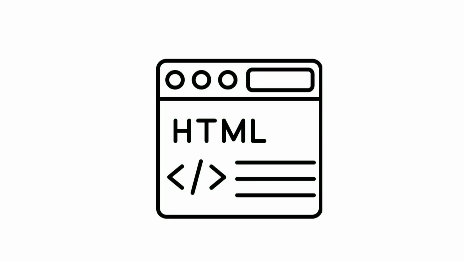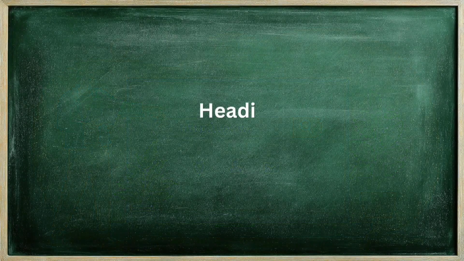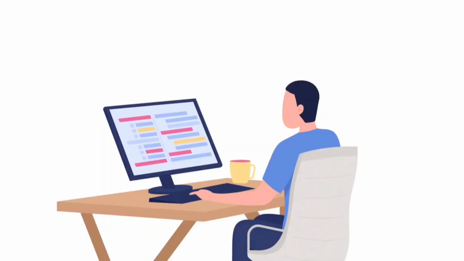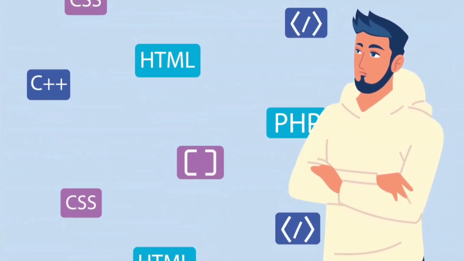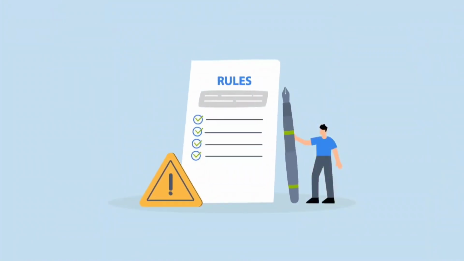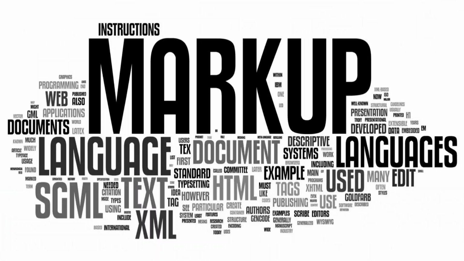Markup means tags. Tags tell the browser what to display. For example, heading, paragraph, image, button, video. All these are created using tags. Finally, language. HTML follows rules. If we follow the rules, the browser understands our code. That is why it is called Hypertext Markup Language.